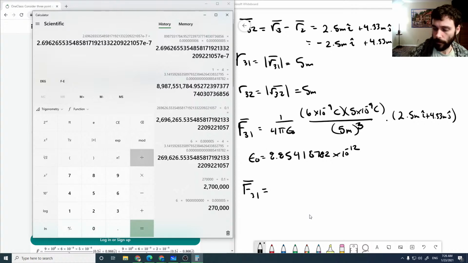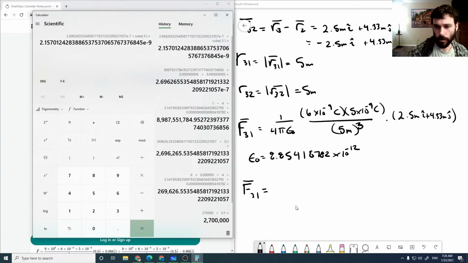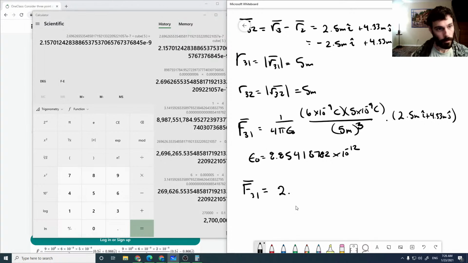And divided by 5 cubed. So this should be 2.157 times 10 to the minus 9 newtons per meter. So if we do the units out there, it'll be about newtons per meter. I should have said this was seconds squared, coulomb squared per kilogram meters cubed.